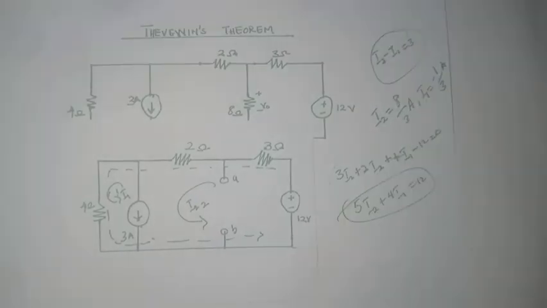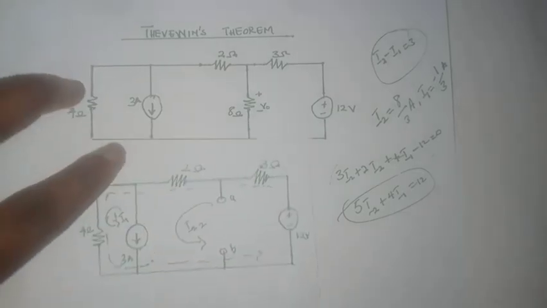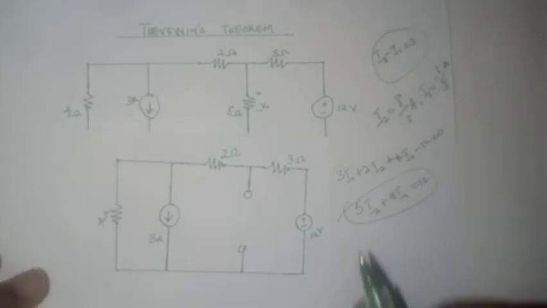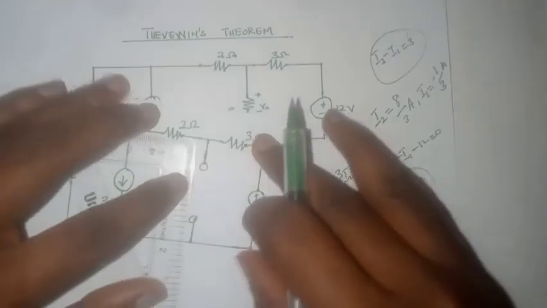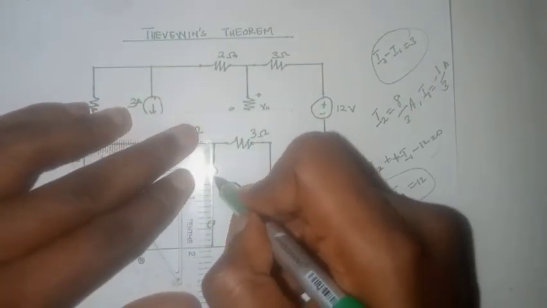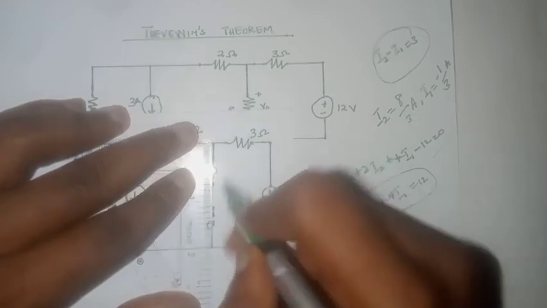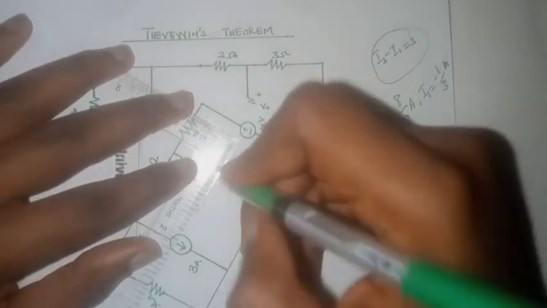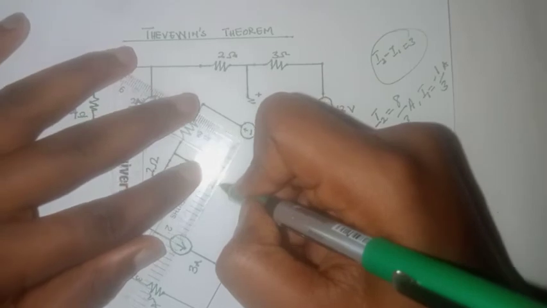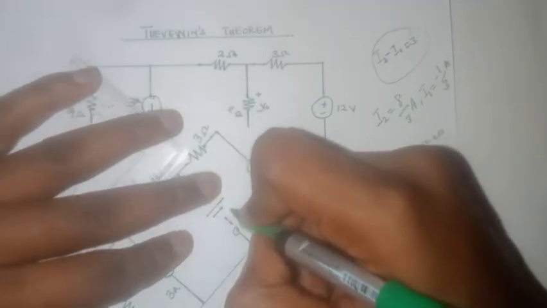With this knowledge, it brings us to the second step in finding the VTH, that is Thevenin voltage. Finding the VTH requires us to just connect a voltage source across this terminal, and we label it VTH.